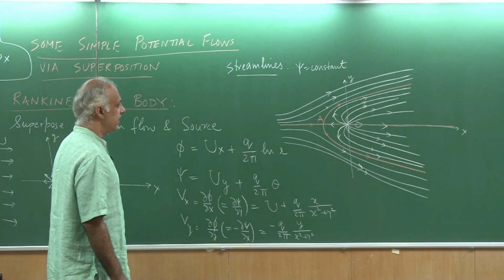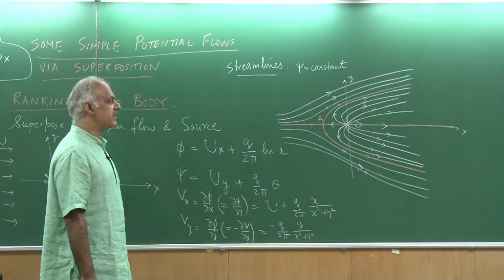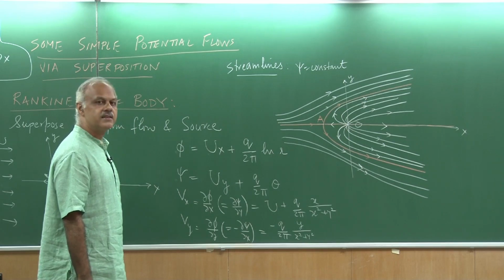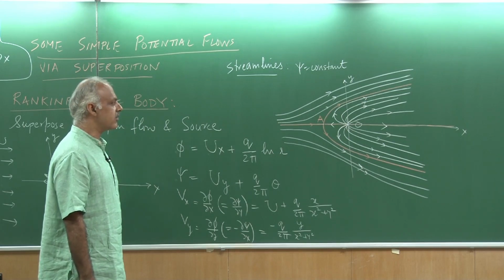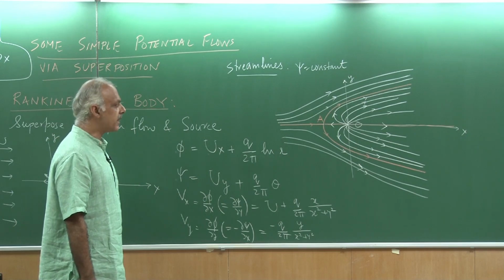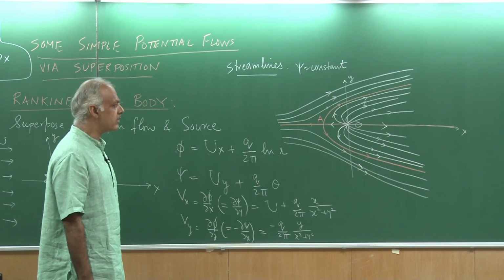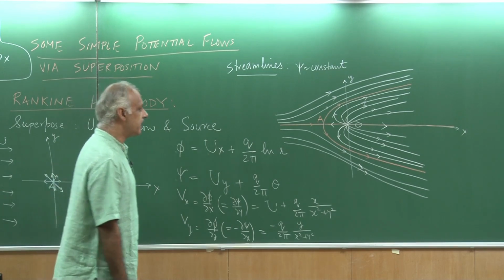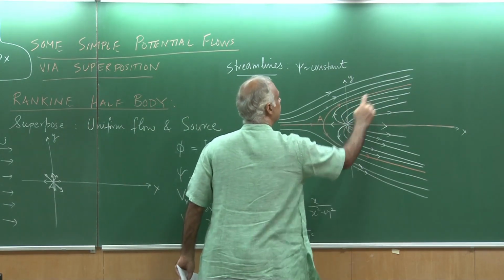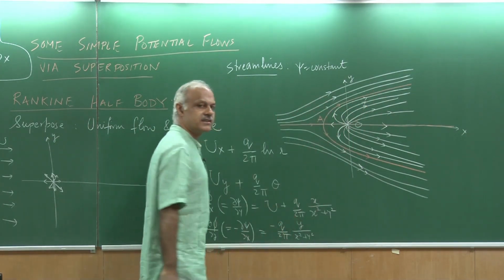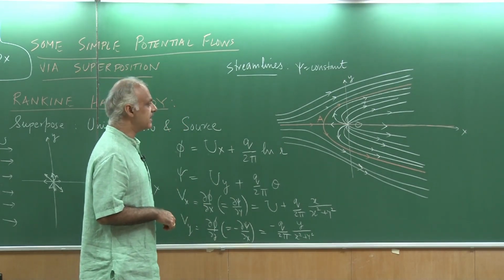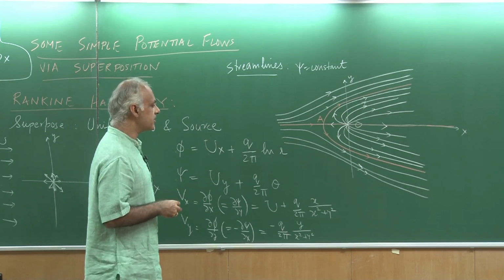All right. If you remember, the definition of a streamline is that the tangent to a streamline gives us the direction of the velocity vector. So, it automatically implies that no flow can cross a streamline. Okay. So, that means if I take any of these streamlines, there is no flow across it. And because we are dealing with an inviscid flow, frictionless, we could actually replace any streamline by the surface of a solid body.